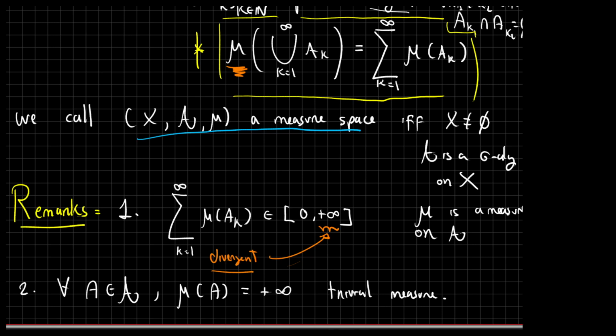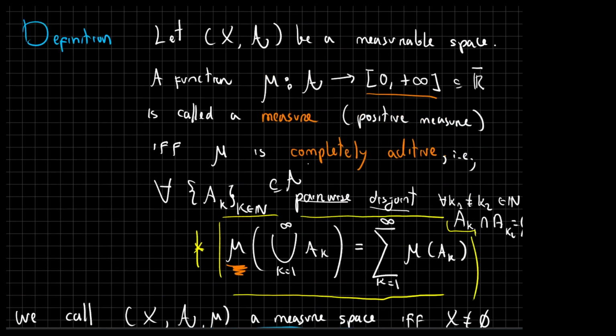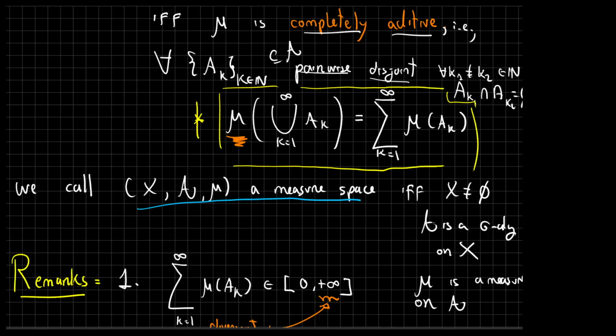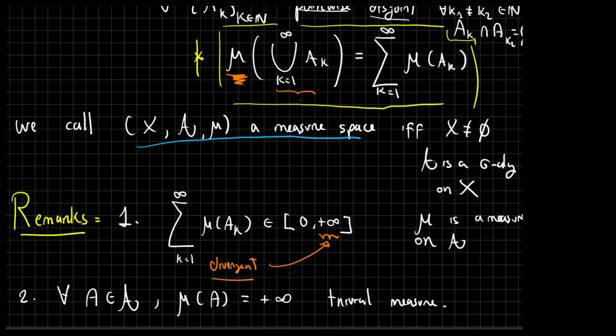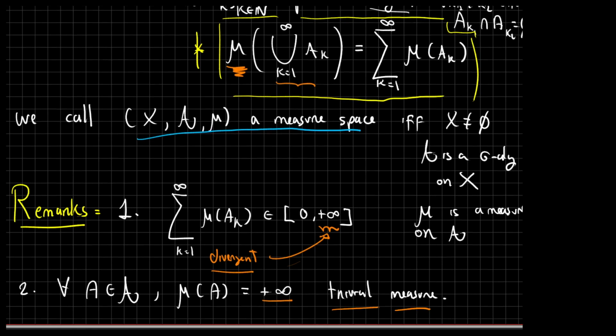Because if you have that, then it's of course completely additive, because the value of the measure on this set will be plus infinity, and this will also be equal to the value of the series, since you are adding plus infinity with plus infinity and so on. So this is our first trivial measure.